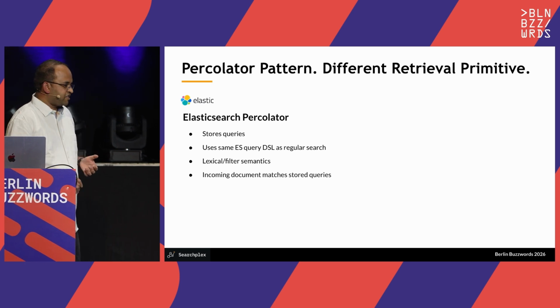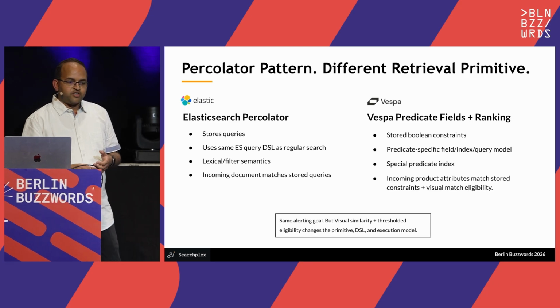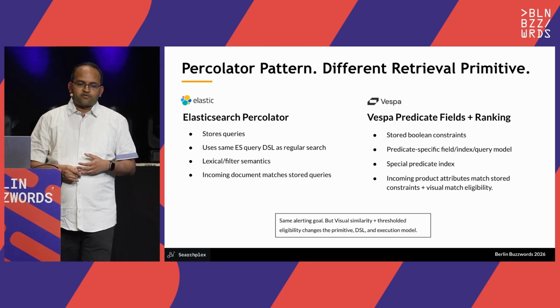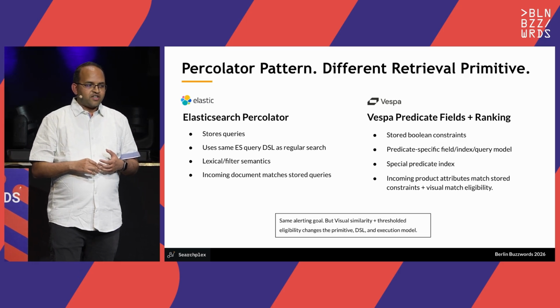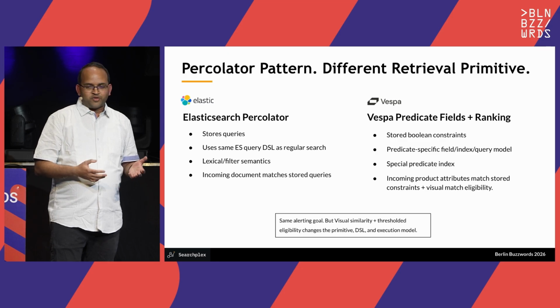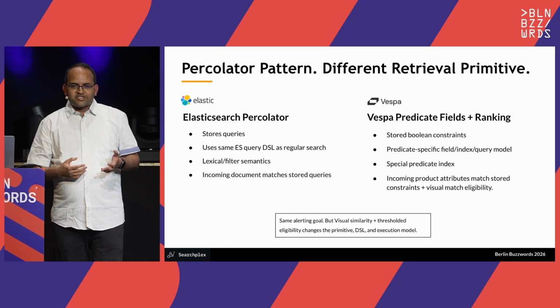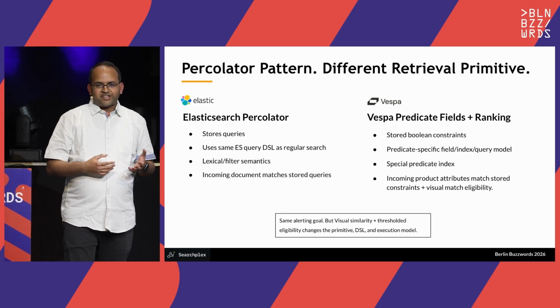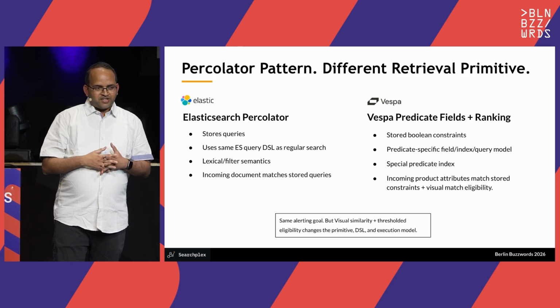Now, to solve this challenge, we looked at and started using Vespa's predicate field and ranking. This is a capability that is not originally designed for percolation. The history of this feature is that the intended use was related to ads.